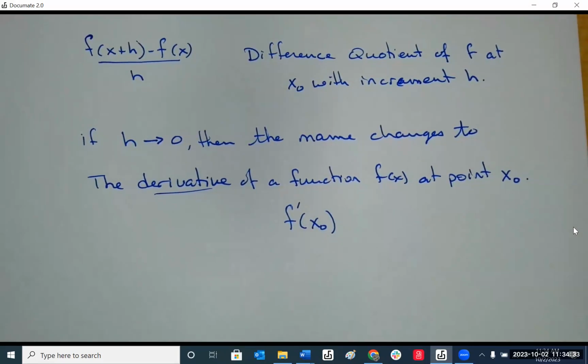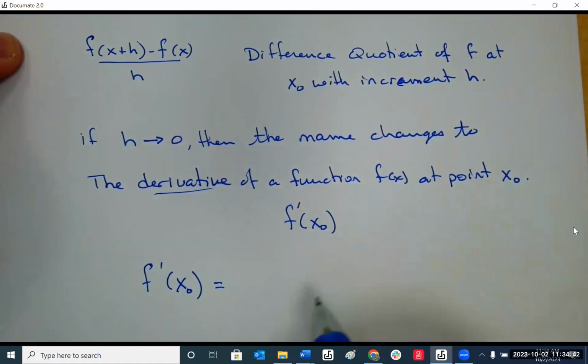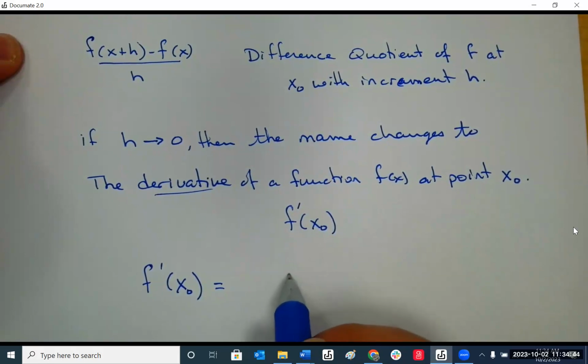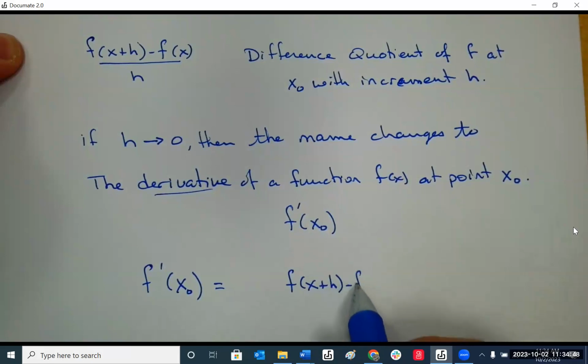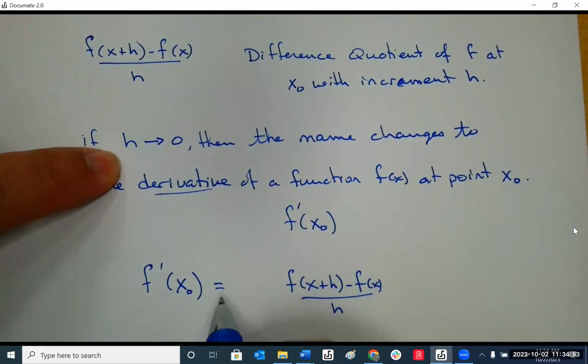Put it all together. So we have the derivative is equal to the difference quotient as h goes to 0.